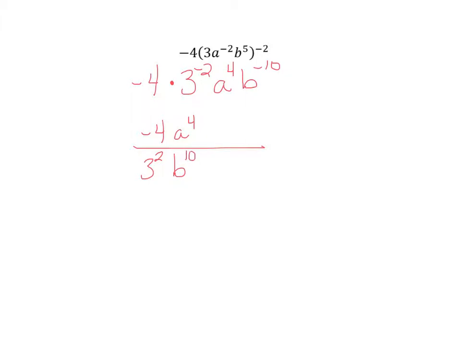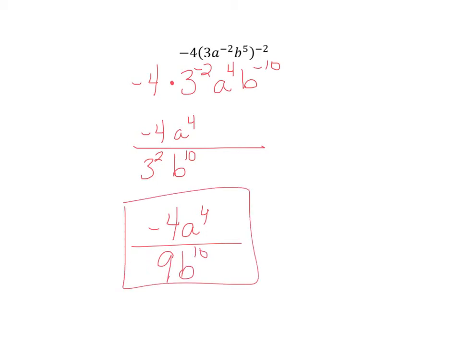And when I shift, I'm going to get rid of the negatives. All right, looks like there's not going to be anything I can reduce with my variables because I just have each one of them there once. This is really just going to be a 9, but that's not going to reduce with a 4. So I think just my final answer will be a negative 4 a to the 4th over 9 b to the 10th. All right, I hope this helps.